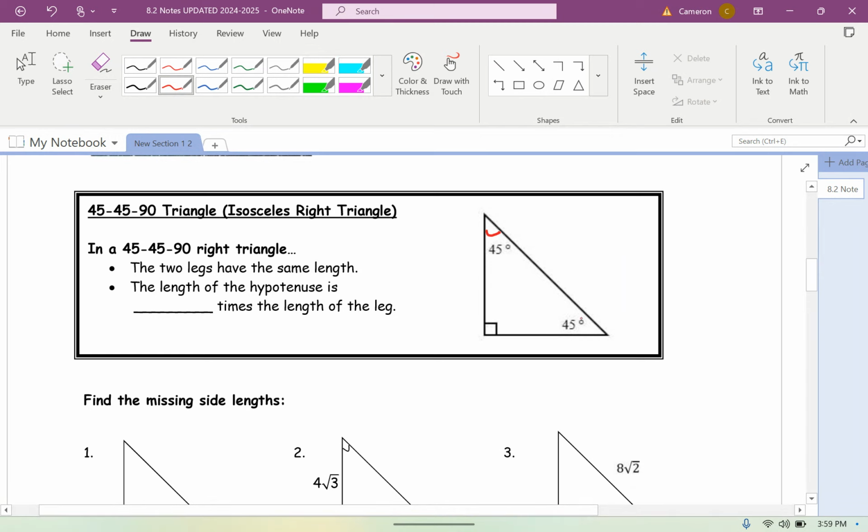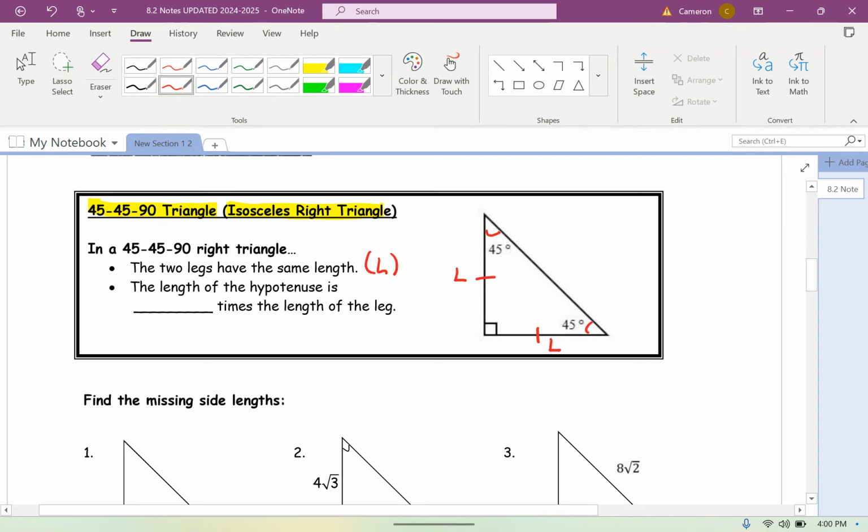All right, so the first one, the 45, 45, 90. Notice, because the two angles are congruent, it's an isosceles triangle. Across from those base angles, the legs would also have to be congruent. So this is the isosceles right triangle, aka the 45, 45, 90 right triangle. Both of the legs have the same length. Let's use the letter L for the leg.